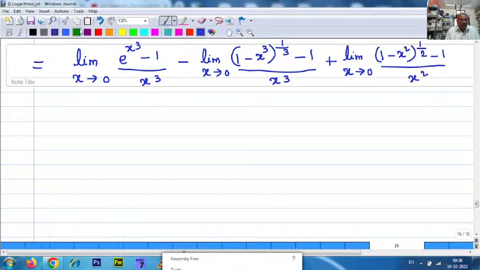So my dear students, remember, as x approaches 0, x cube also tends to 0.